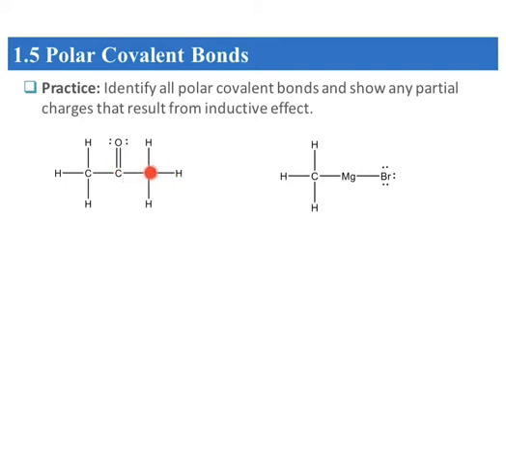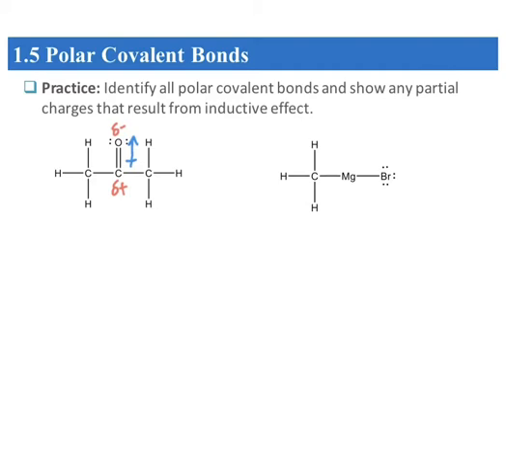Carbon-hydrogen and carbon-carbon bonds are both nonpolar, so we ignore them. The remaining one, the carbon-oxygen bond, we know is a polar covalent bond, and oxygen is more electronegative than carbon. Therefore, it pulls the bonding electrons toward itself. Oxygen would get the partial negative charge, and carbon would be partially positive.